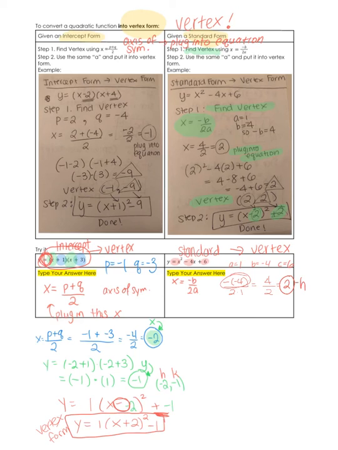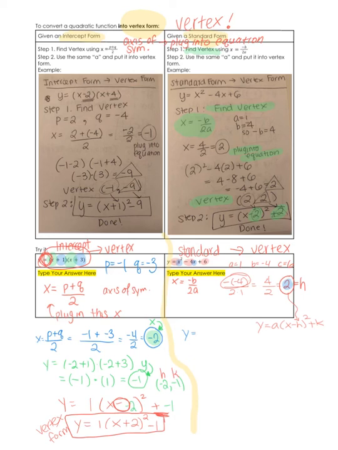That's going to be our h in the y equals a times x minus h squared plus k. That 2 is going to go here. So let's find k. In order to do that, we have to plug in the 2 that we found right here into x's. Let me draw a line right here so that it doesn't get confusing.